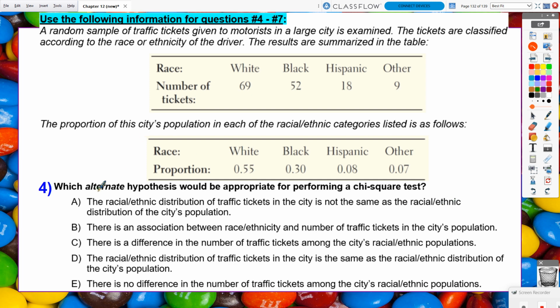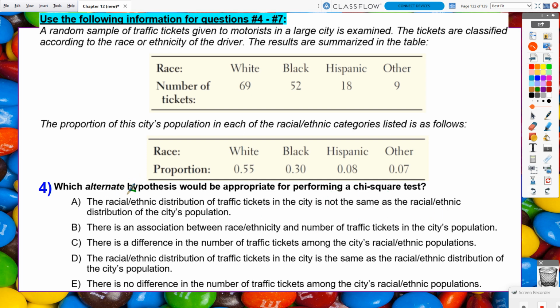And again, notice we are finding the alternate hypothesis, so we're looking for the different thing in here, not the null hypothesis. So the racial/ethnic distribution of traffic tickets in the city is not the same as the racial/ethnic distribution of the city's population. When they say it's not the same, that's what we're looking for.